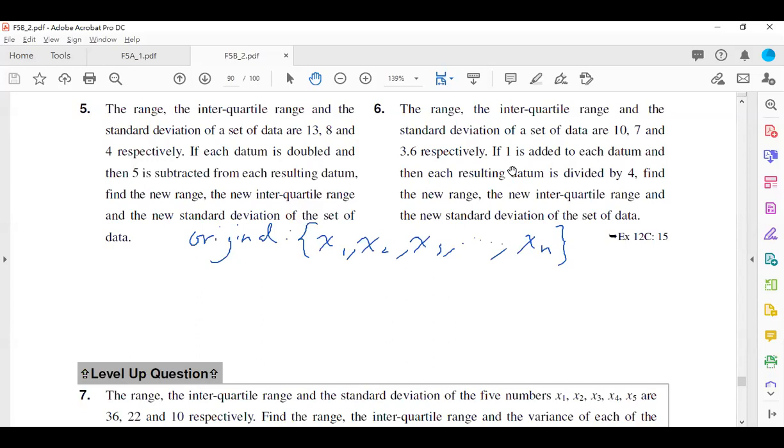So there will be 2 steps. After the first step, each datum is doubled. What is meant by doubled is just multiplied by 2. 2x1, 2x2, 2x3, up to 2xn. Okay?